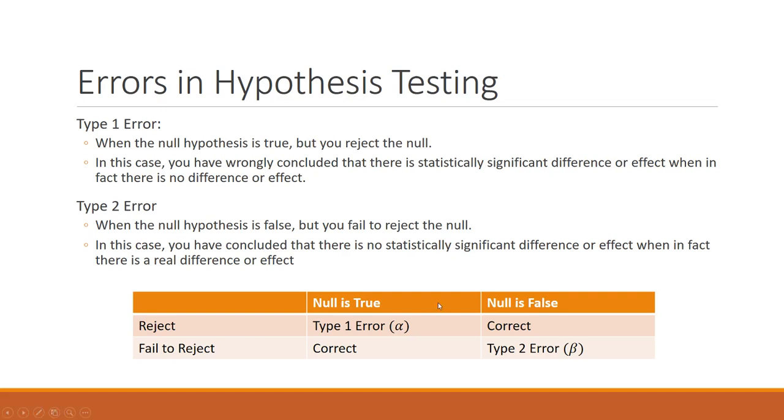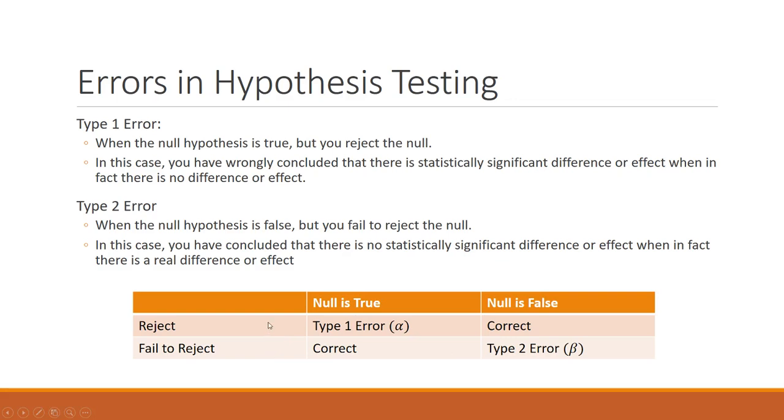Either the null is true or the null is false. All right, in reality, in truth, in the population. But we don't see whether the null is true or whether the null is false. What we do is we either reject or we fail to reject the null hypothesis. So we can reject or we can fail to reject.